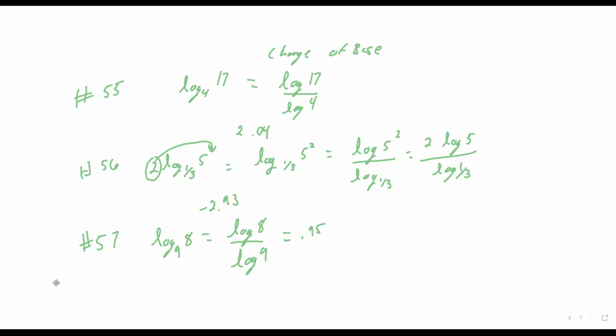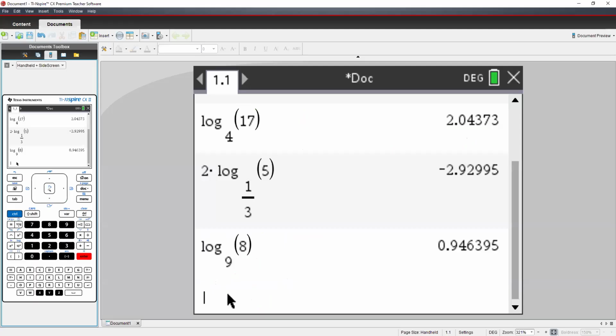All right, let's just do one more to make sure. You get log base 2 of 0.01 can be written as log of 0.01 divided by log of 2. So I'm just going to make sure we fully understand how to type this in. You can see I've already written the log 9 of 8, and that's how I got the 0.95.